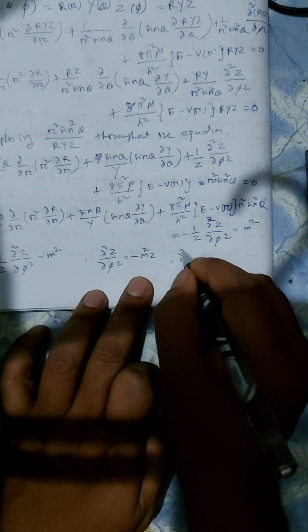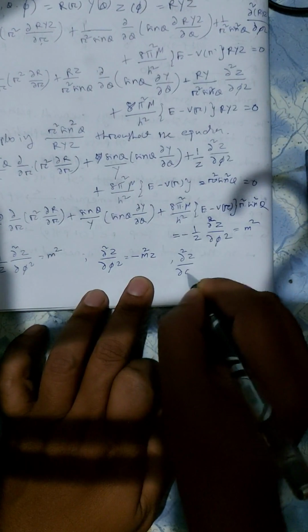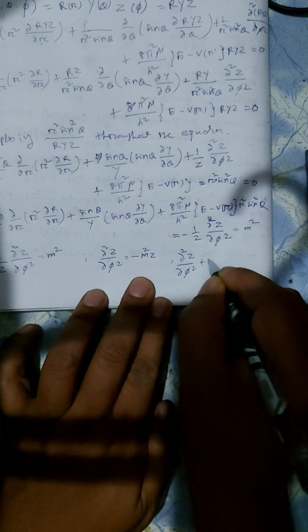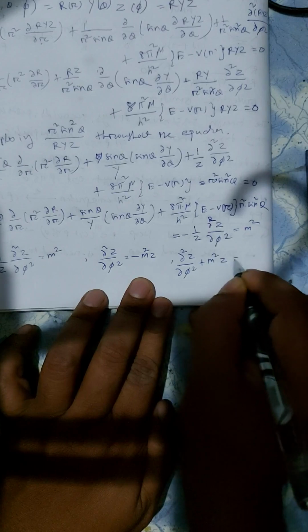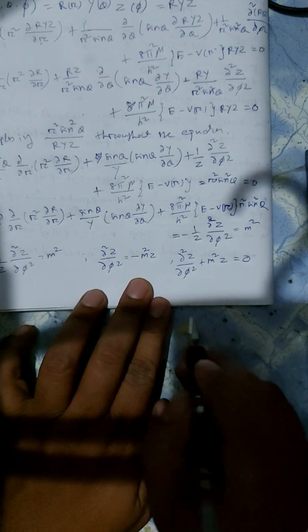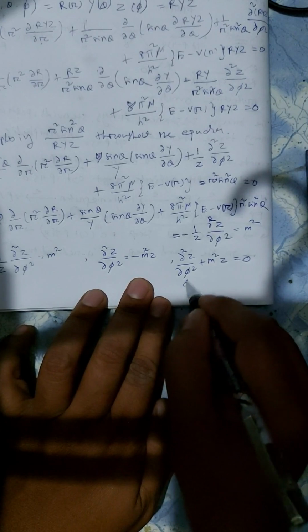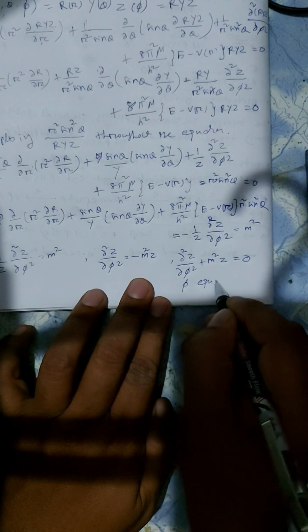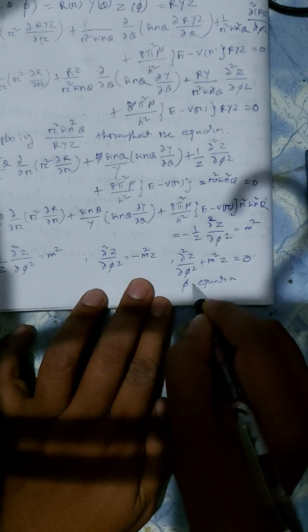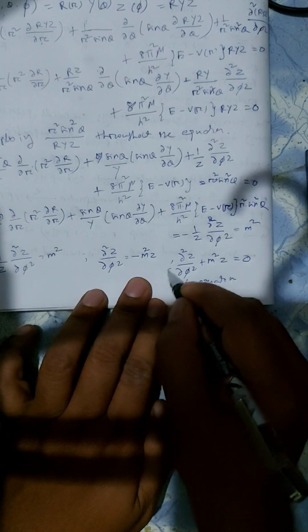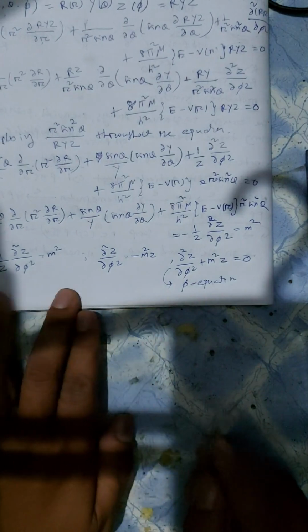What we get? ∂²Z/∂φ² plus m square Z is equal to 0. This is called the phi equation.